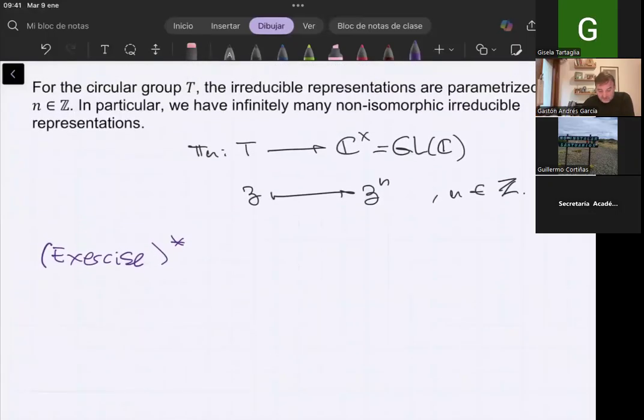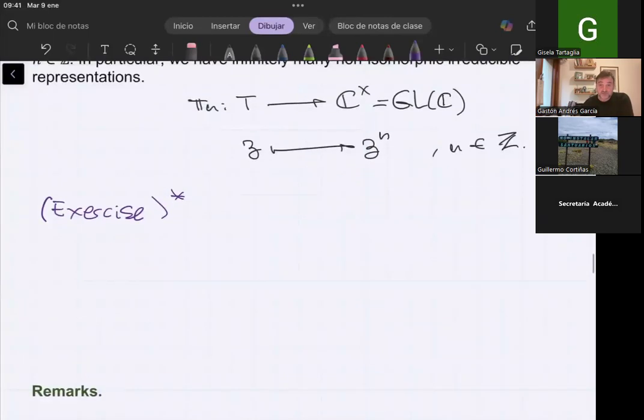So you see, just for the easiest group, a compact group, the circle group, we have infinitely many non-isomorphic irreducible representations, which are one-dimensional. If the group is non-abelian, then we have more things that are not one-dimensional. I'm going to show that in the last lecture, an example of how to produce a lot of representations which are not one-dimensional.